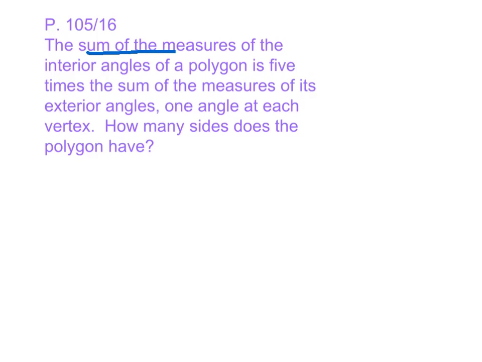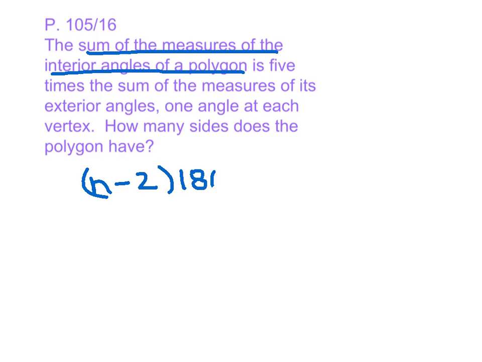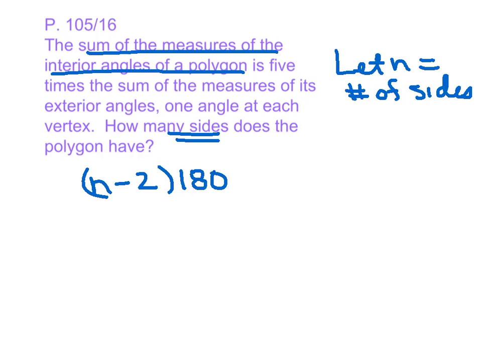The sum of the measures of the interior angles of a polygon is n minus 2 times 180, where we let n equal the number of sides, which is what we're looking for anyway, so that seems to be a good variable.